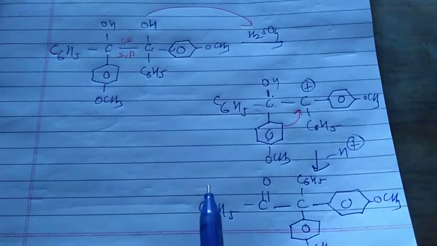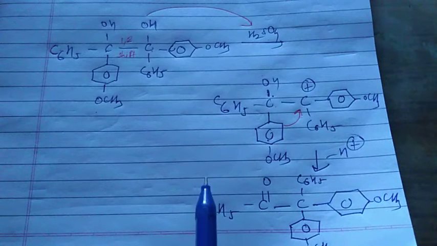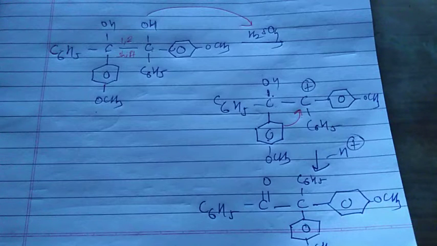Okay, do you understand? In this lecture we learned the evidence for the formation of the carbocation as a reactive intermediate. Then we learned why the tertiary carbocation is the most stable, and why there is a formation of the oxonium cation, why the R group is shifted to the carbocation, forming the oxonium cation. Next we learned migratory aptitude.